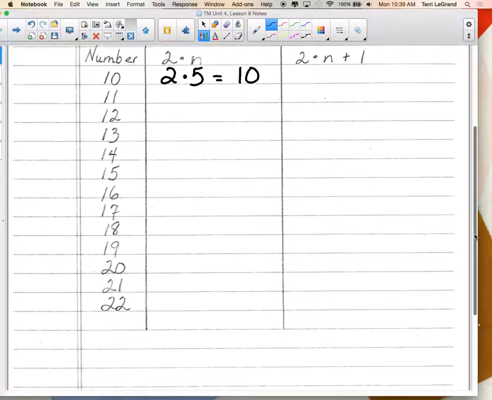Do you think there's any way to get to 11 by just multiplying by 2? So I think we're going to have to do what Wade said. We're going to have to go over here to this column and take it times 5 and add 1. Because what's 2 times 5, class? 10. So now we have 10 plus 1. And what's 10 plus 1? 11.